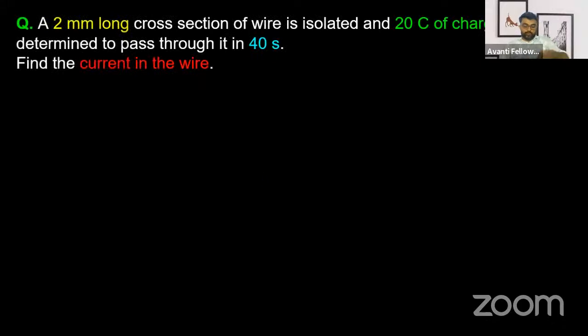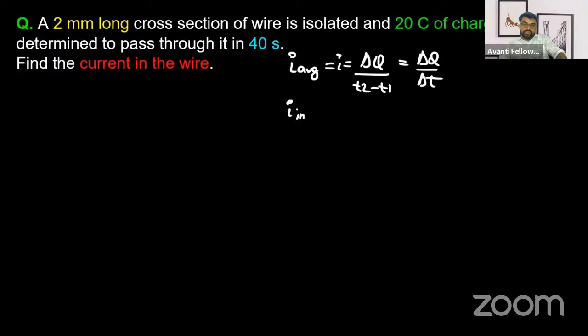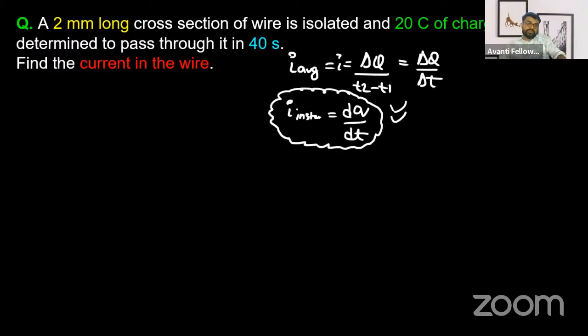This question, students, use that formula which is just given to you and solve this. We know the average current in a particular time T2 to T1 they're asking. You'll say charge crossing upon T2 minus T1, or you can write it as delta Q by delta T. If they say instantaneous current, we'll write dq by dt. This is the instantaneous current. So the question is, find the current in the wire.